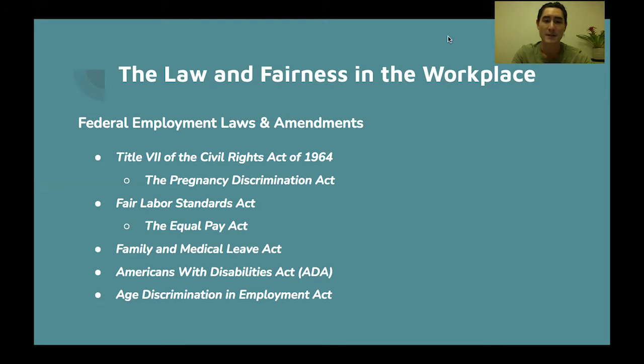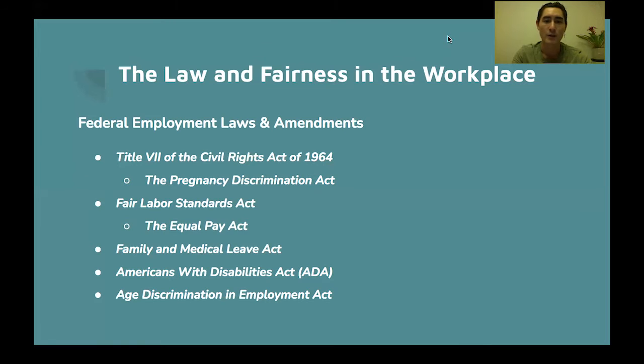The Americans with Disabilities Act provides that if an individual with a disability can perform essential functions with or without reasonable accommodation, that person can't be discriminated against on the basis of their disability. This applies in both the private sector and in state and local governments.